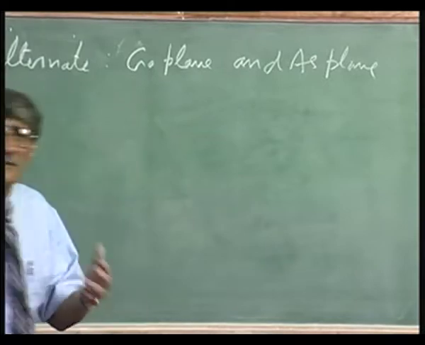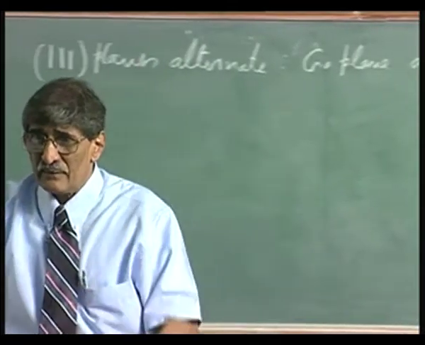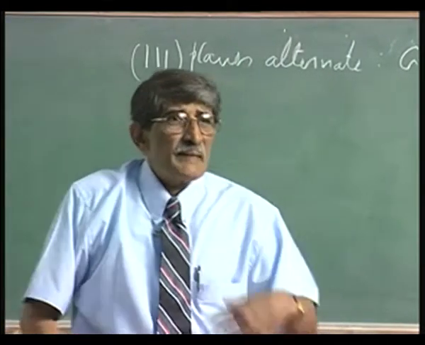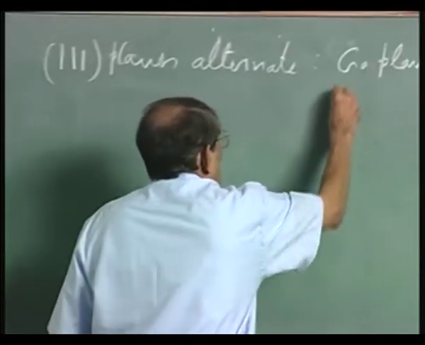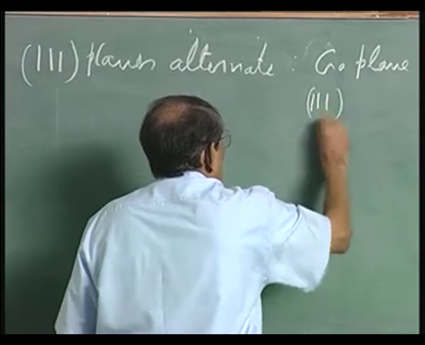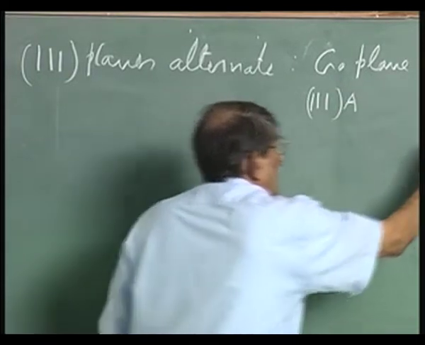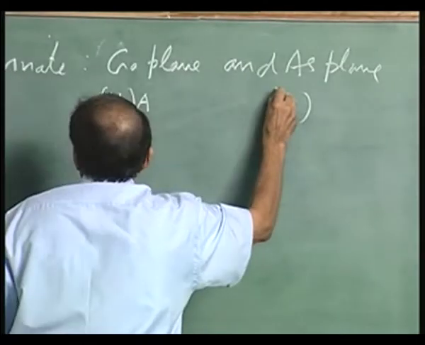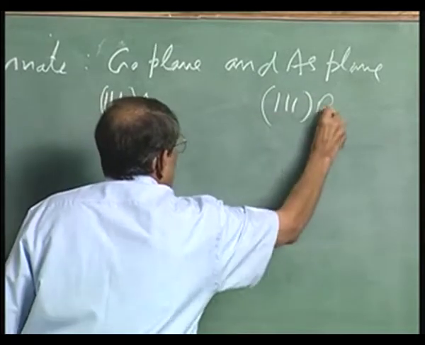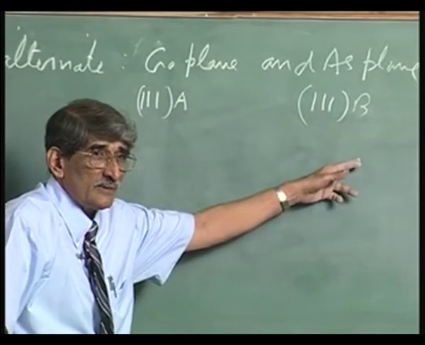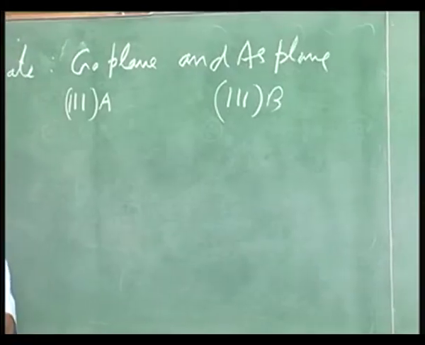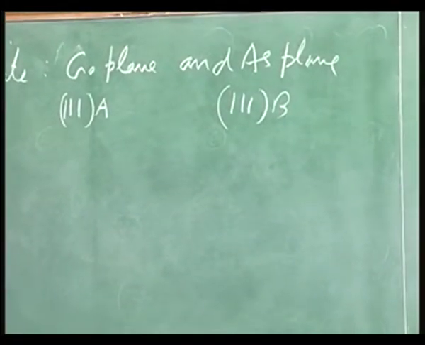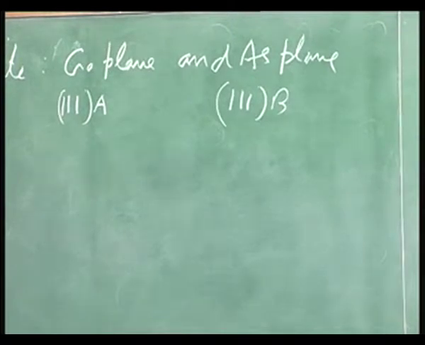This is true whether you talk of gallium arsenide, gallium phosphide or gallium nitride. So, to keep it general, they will call it 1 A plane, 1 B plane, B referring to the 5th group, A referring to the 3rd group. So, A plane, B plane. Okay, one on the A plane has gallium, one on the B plane has arsenic.